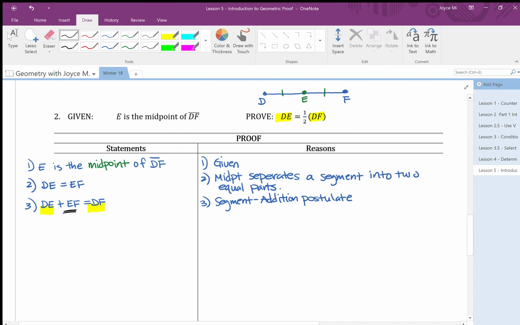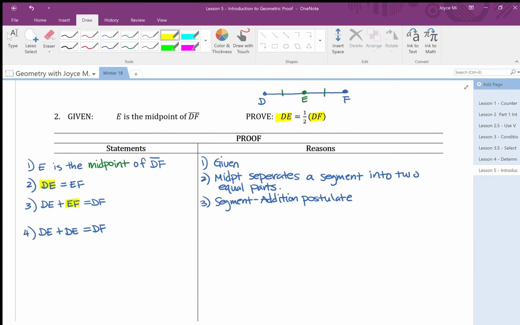So next step, number 4, I have DE plus DE is going to give me DF. Now notice that I write DE twice there. This is not by accident. Let me highlight so you see it. I replace the EF with DE. The reason I could replace it is because they have equal length. They're the same.